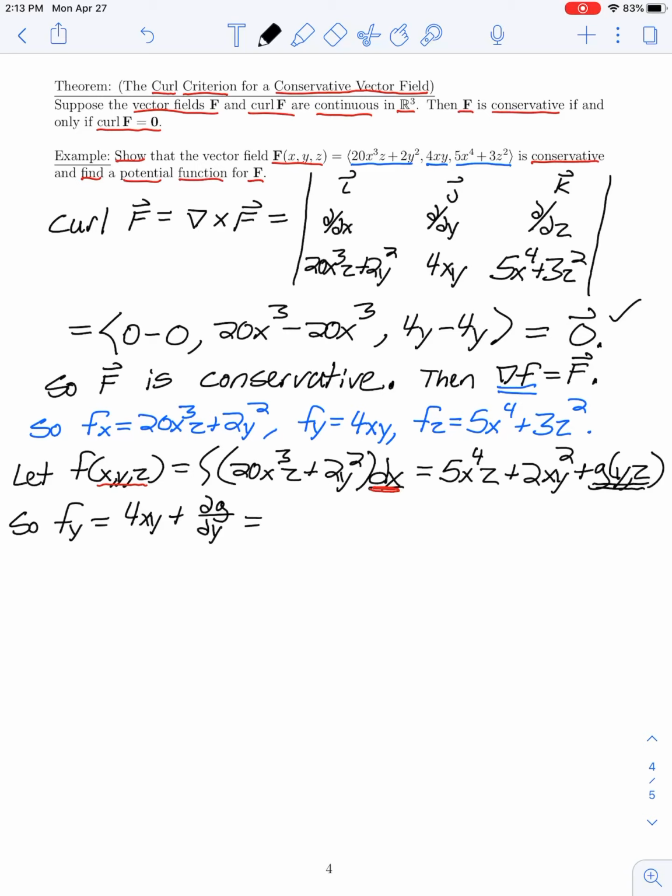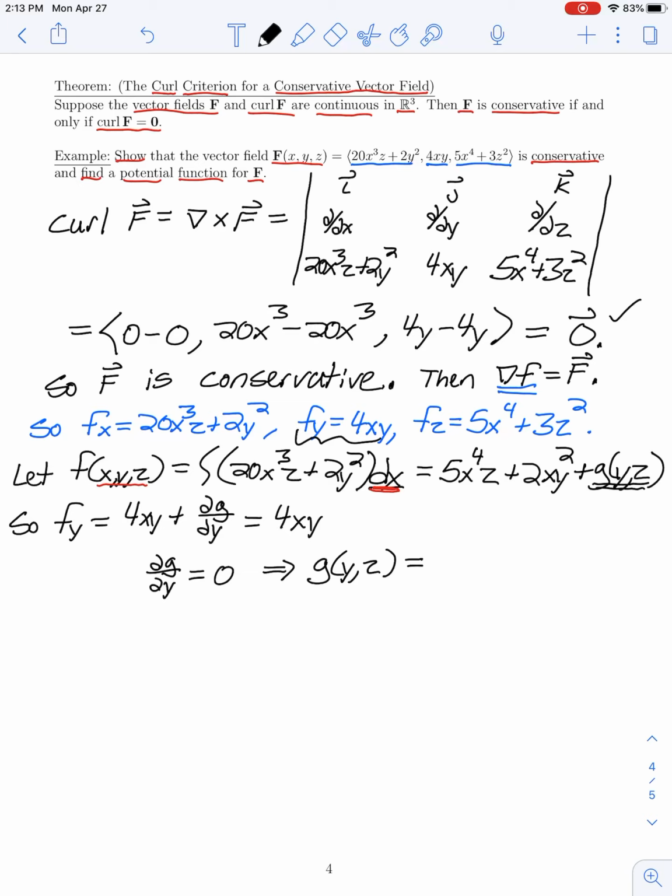That has to equal the partial derivative of f with respect to y, which we know is our second component function for our vector field, 4xy. So it follows that the partial derivative of g with respect to y is equal to 0, which means that g, which in general was a function of y and z, cannot depend on y. It has to be a constant with respect to y for this partial derivative to be 0.